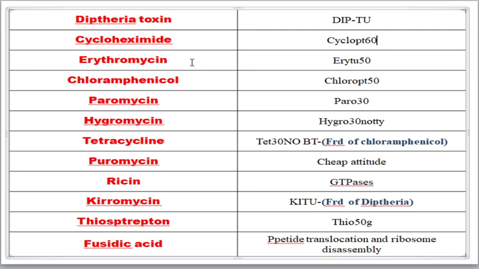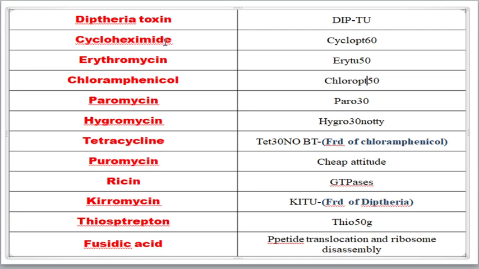Next is erythromycin, ERY-TU-50. These are like tablet names, I just gave them. ERY for erythromycin, TU because it inhibits elongation factor TU, and it also disturbs the 50S subunit. Next, chloramphenicol, CHLORA-PT50. Chlora is chloramphenicol, PT is peptidyl transferase, and 50 is the 50S subunit.